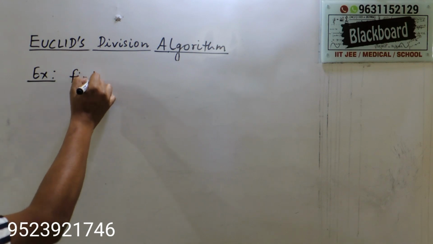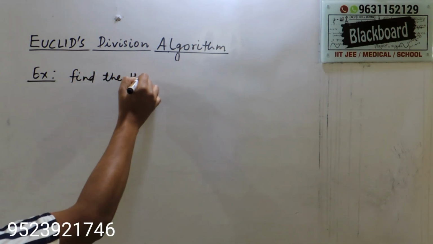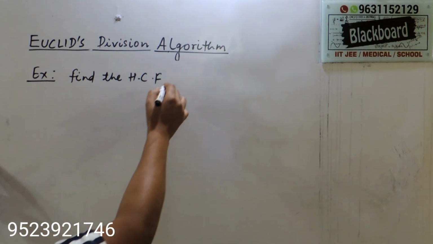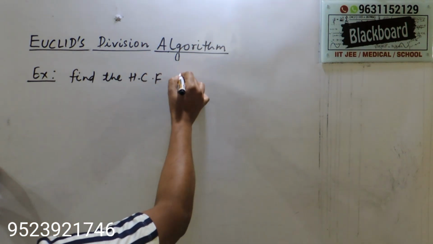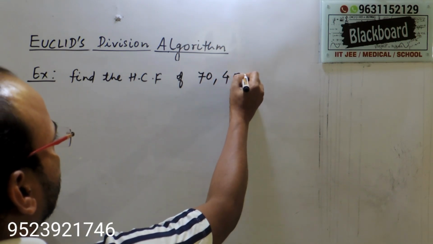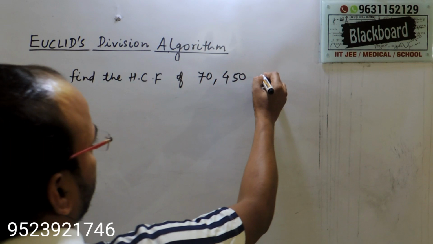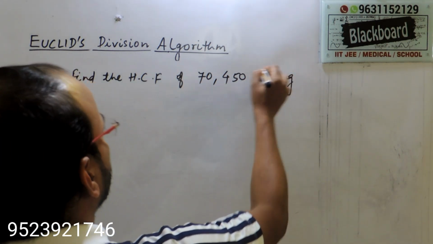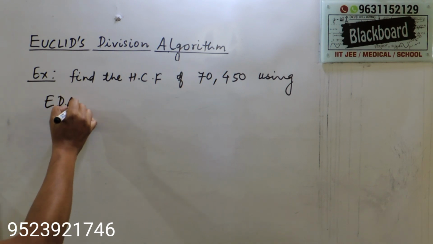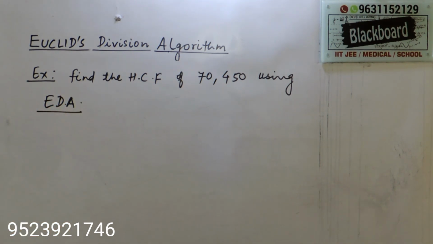Find the HCF of 70 and 450 using Euclid division lemma.